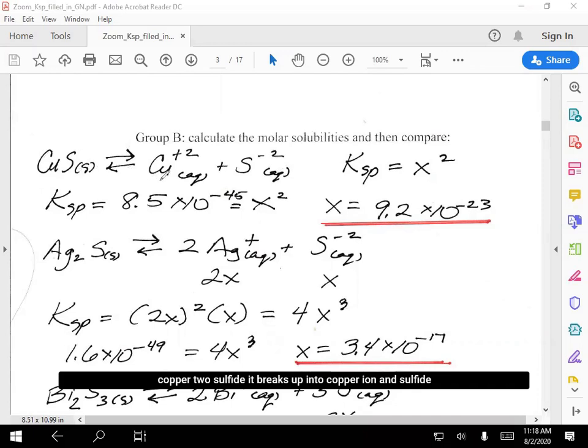It breaks up into copper ion and sulfide. The KSP would be equal to X squared. So you figure this is X and this is X. We are given the KSP value. We equal that to X squared, and we solve for X. So this is our X for the copper 2 sulfide.